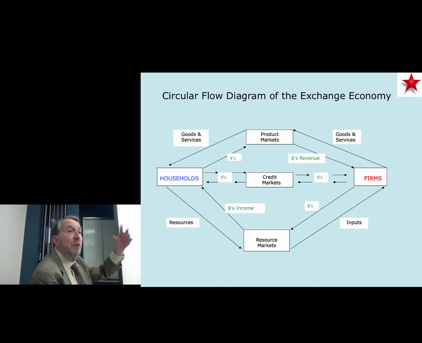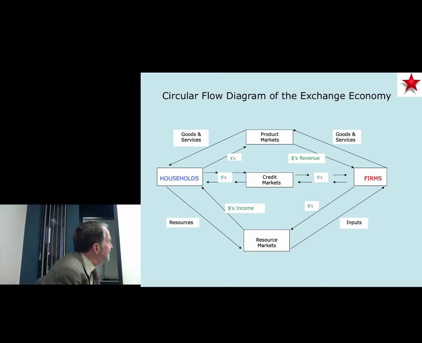Resources include your labor, but also your ownership of buildings or land and those kinds of things. And through what's called the resource markets, business firms choose which of these resources to acquire to produce their particular goods and services.